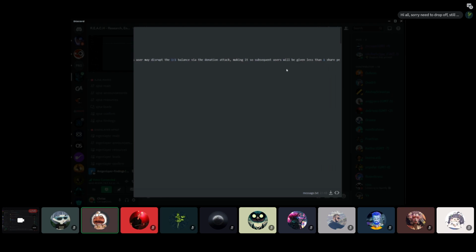Then we see that after this donation attack done to the first user, the shares will be given one less per token. Then the strategy moves funds outside.